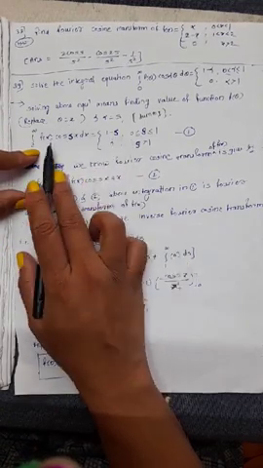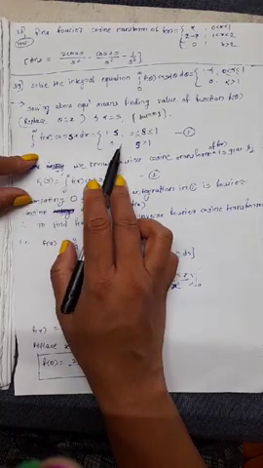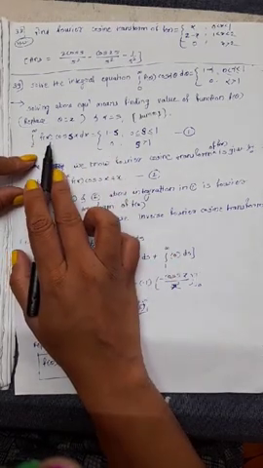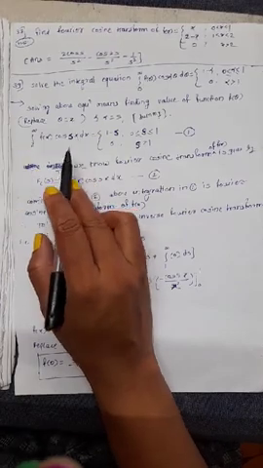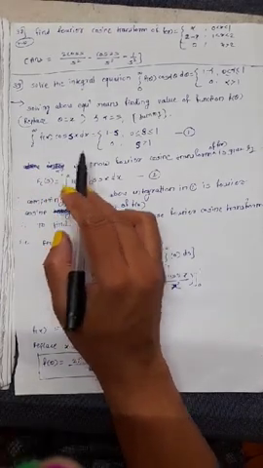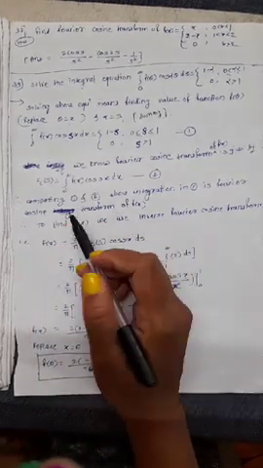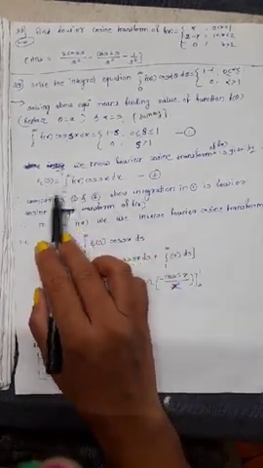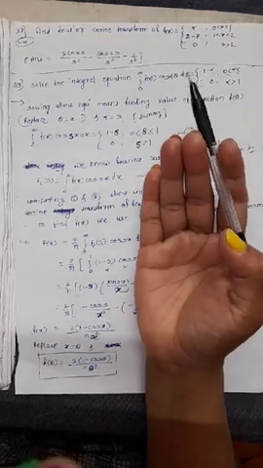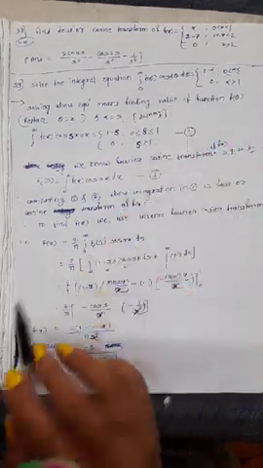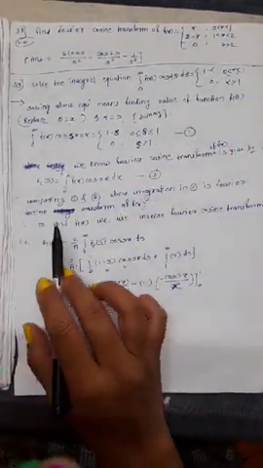Already this is the answer for the Fourier cosine transform. Now what is our motto? To find f(x). If we know the Fourier cosine transform and want to find the given function, we use the inverse Fourier cosine transform. That's why we use that logic here.